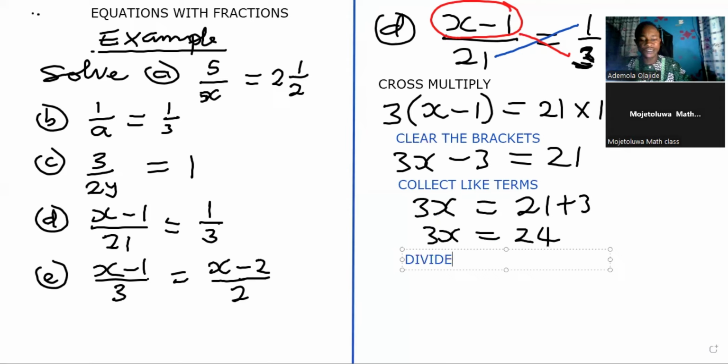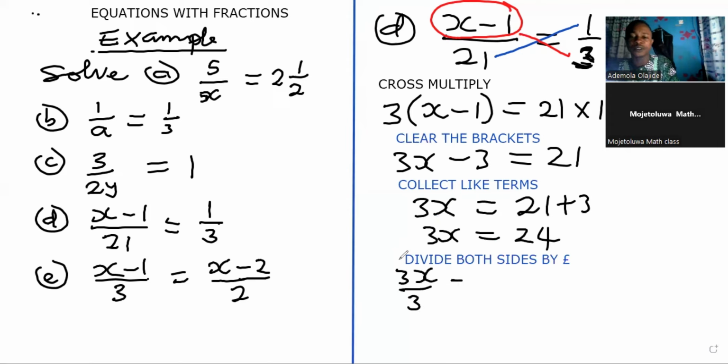Divide both sides by 3. And we eventually have 3x divided by 3 equals to 24 divided by 3. And this will finally give us, because this will cancel this, x equals to 8.